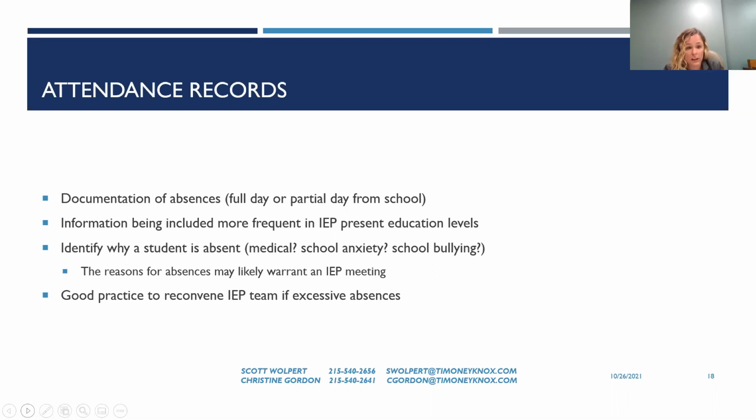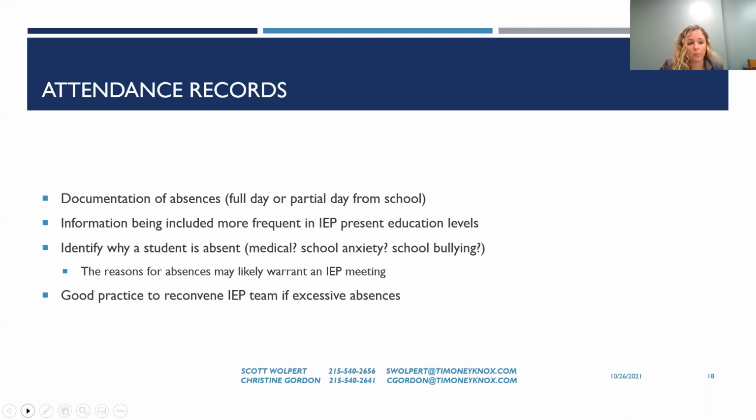If these are the reasons for your child's excessive absences, best practice would be for the parent to make sure the school knows of those reasons for the absence and ask the school to convene or reconvene an IEP team to discuss those reasons, the impact it's having on your child, and if there are ways to improve your child's attendance. It's very important that any of those strategies are documented in the IEP or shared in the parental concerns section.